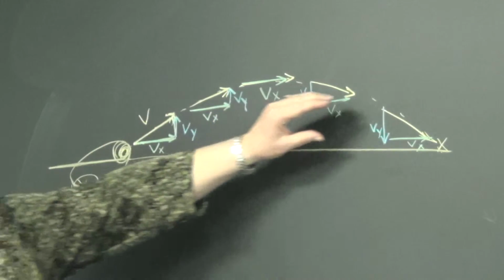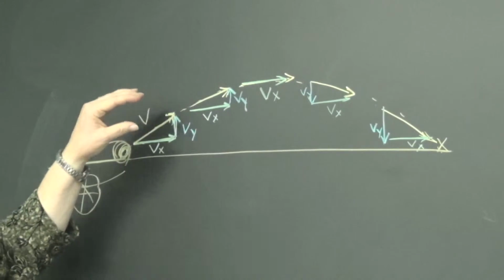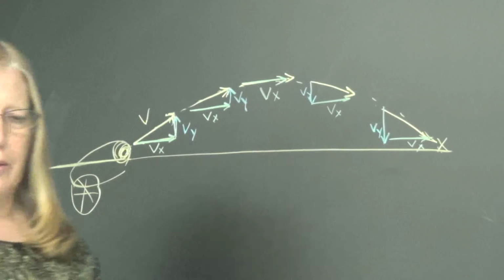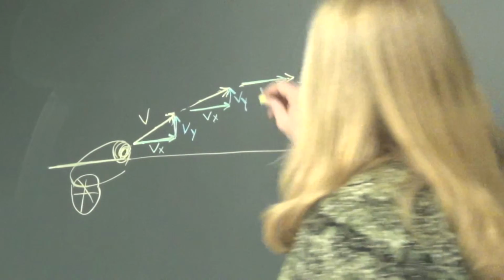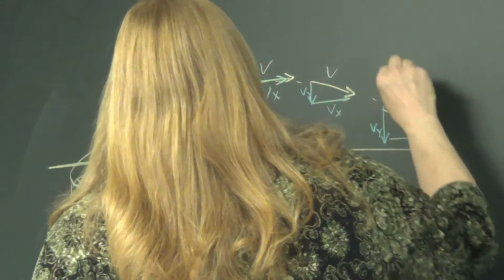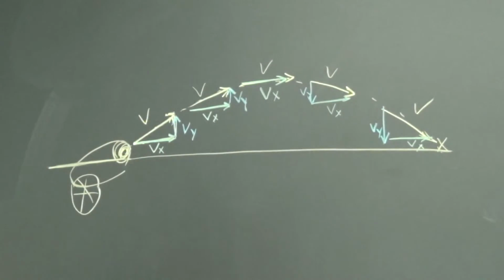This should be at the exact same height as this one. Alright, let me see that you have them all labeled. Vy's, Vx's, and V's. I'll put V on mine as well. Alright. Did you get all your Vy's and Vx's in? Do they fit? I know it takes, I'm just copying this time. Okay.